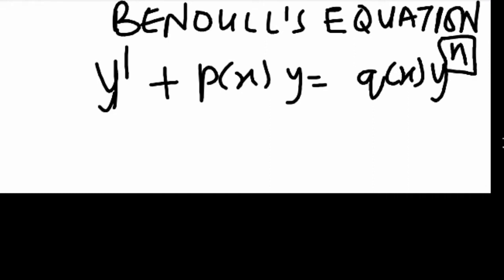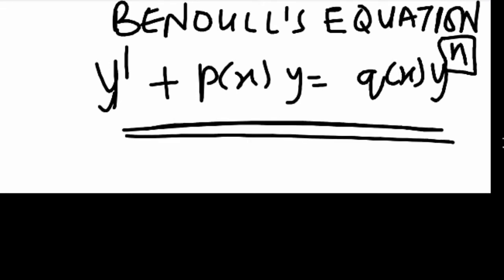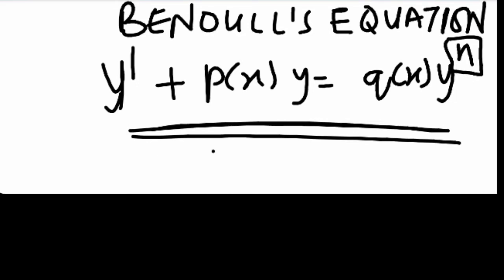Observe, this is raised to power n. If you observe a Bernoulli's equation, you notice that there is no function of x standing on its own. You don't have a function of x standing on its own. So you cannot say that a Riccati's equation is a Bernoulli's equation yet.